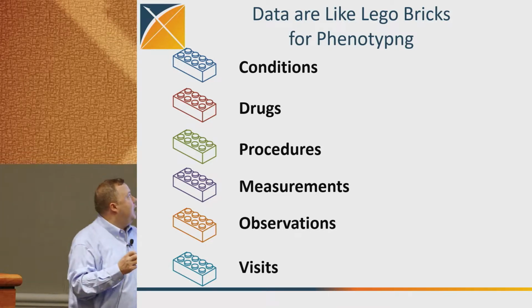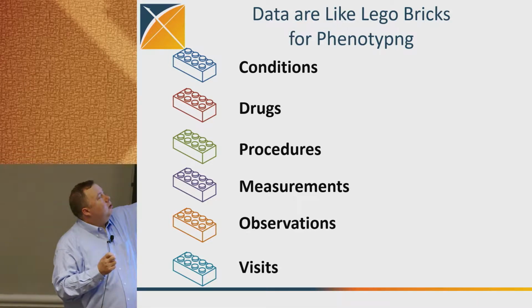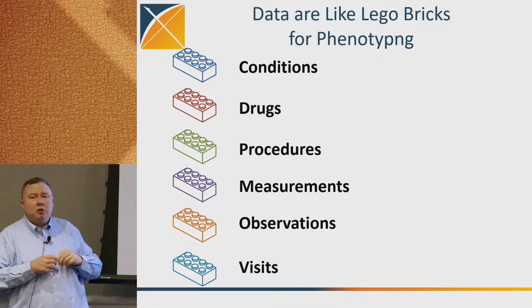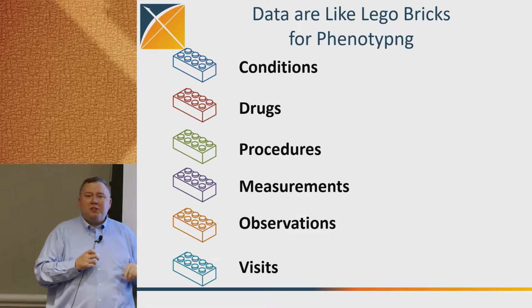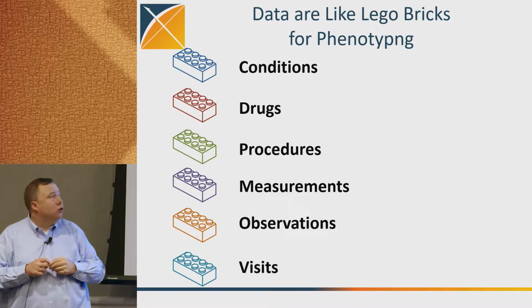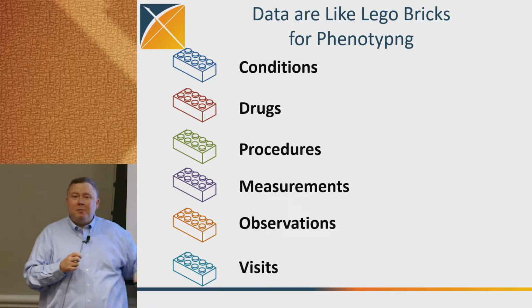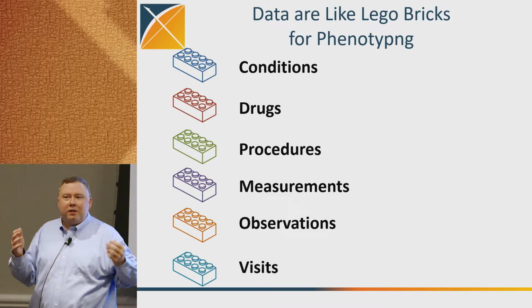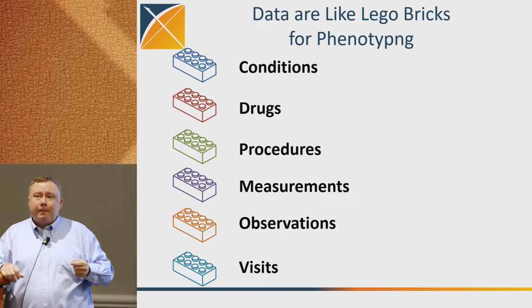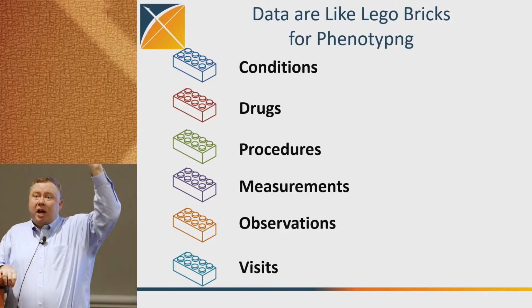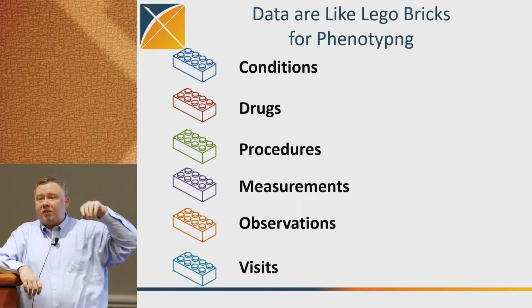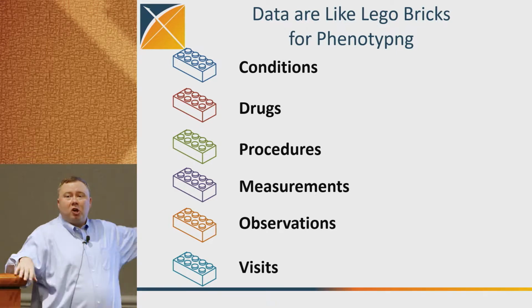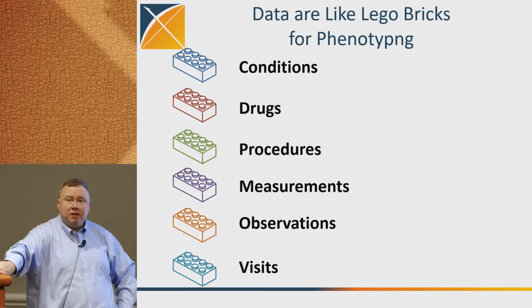I could also say, I'll look for the condition of diabetes, or I'll look for drugs that treat diabetes. Or I'll look for measurements of hemoglobin A1C with values greater than 6.5%. A clinical idea can manifest as clinical observations across multiple different domains.